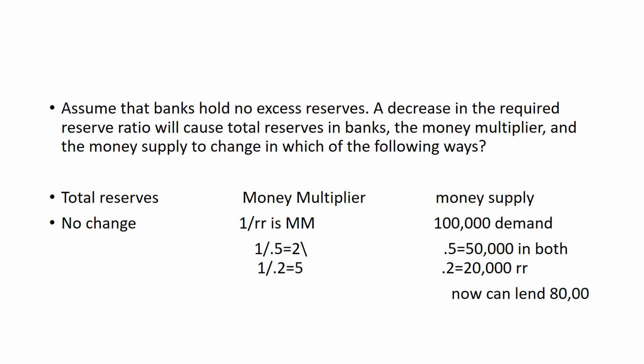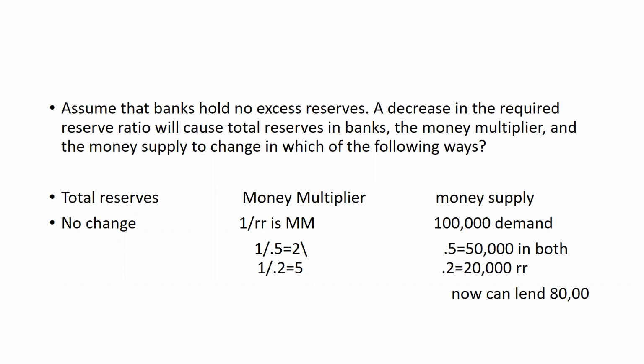Assume that banks hold no excess reserves. A decrease in the required reserve ratio will cause the total reserves in banks, the money multiplier, and the money supply to do what? All right, if you change the reserve requirement, there is going to be no change in total reserves, because whatever was in required reserves is now going to go into excess reserves.